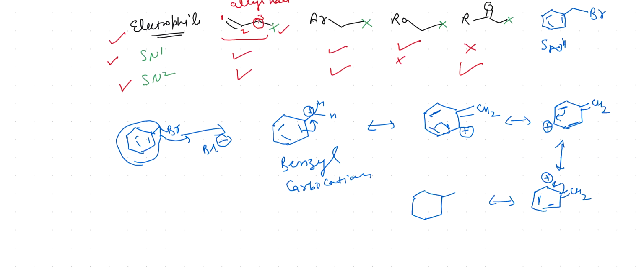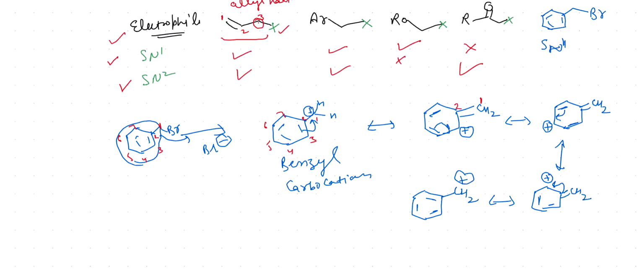Conjugated means all of these are present at adjacent positions. So let me mark the numbering: 1, 2, 3, 4, 5, 6, 7. In this you can see there is a double bond between carbon number 1 and 2.